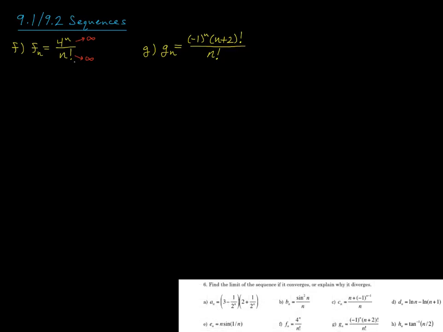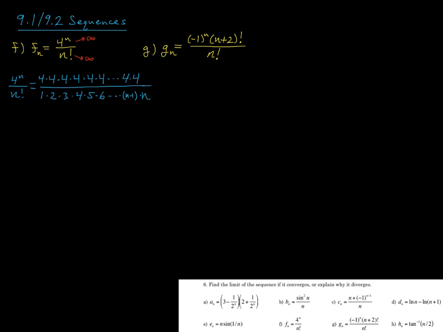And so what do we do in that case? Is that enough? Well, no. While it strongly suggests that the ratio will approach 0, we need to actually construct a mathematical argument to prove why it approaches 0. To do that, I'm going to start by writing this ratio in expanded form. 4 to the n is just 4 times itself, n times.